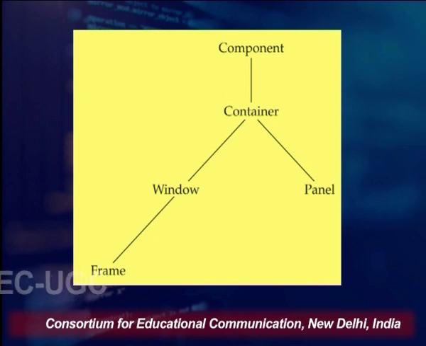So this is your hierarchy: Component as the topmost, then the Container class, which has two subclasses, Window and Panel, and Window has one more level in the hierarchy, which is nothing but Frame.